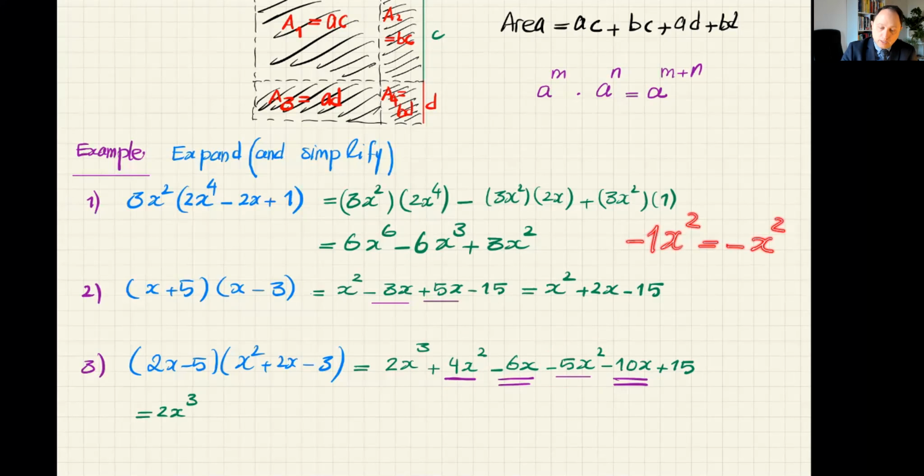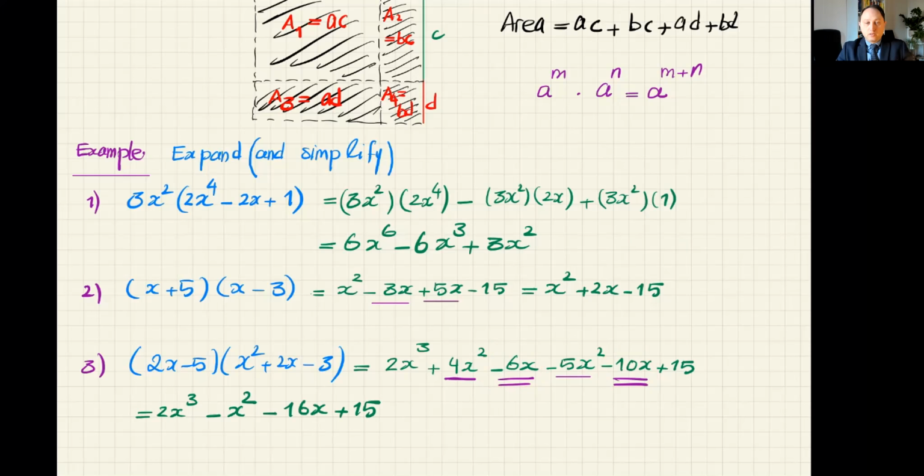People call it minus x squared, yes? So we write minus x squared, and then I have minus 6x minus 10x, it becomes minus 16x. And finally, I have positive 15. So you see that this is the answer to this problem. Any questions?